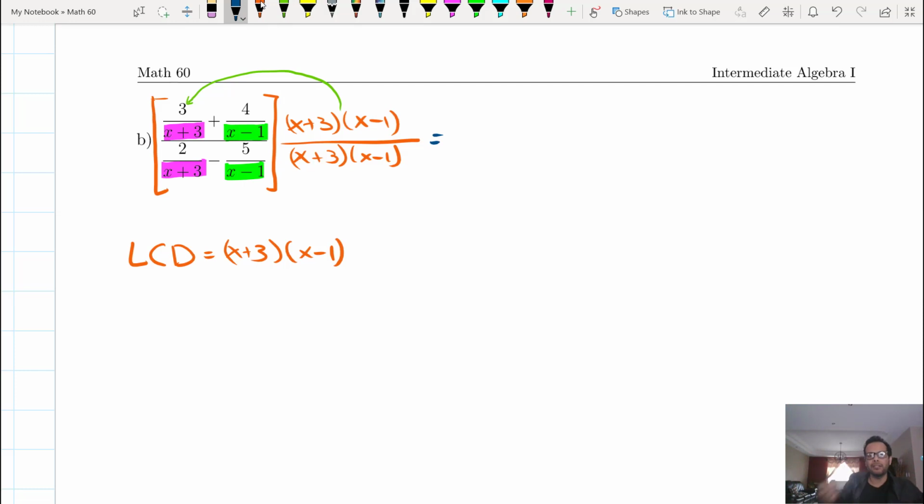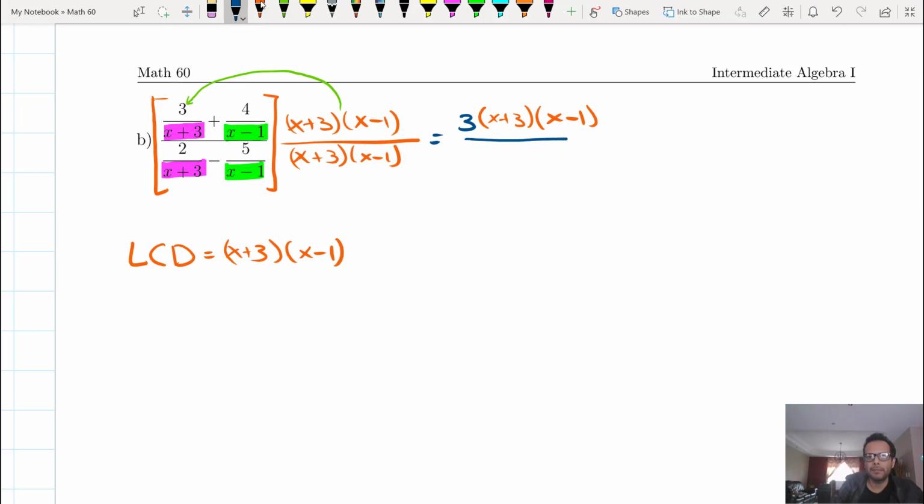And again, I'm going to reflect this using different colors. The 3 and the x plus 3, I'm going to keep them in blue. And the quantity we're distributing, x plus 3 times x minus 1, in orange, just so you can see where it is coming from.